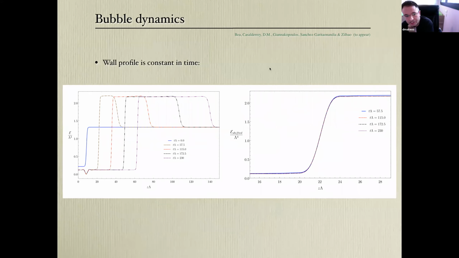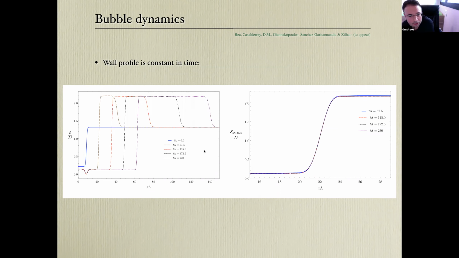But before I do that, let me just convince you that indeed the wall profile becomes constant in time as it moves to the right after enough time has passed. So what I'm showing you here are different snapshots of the movie that I showed you. And here what I've done is I've taken these different curves and I have shifted them by a constant so you can see whether they overlap or not.